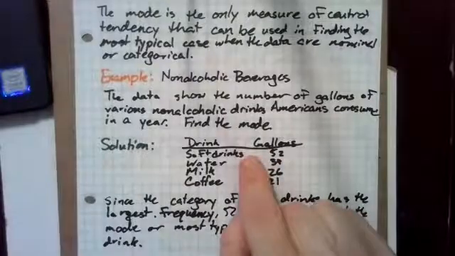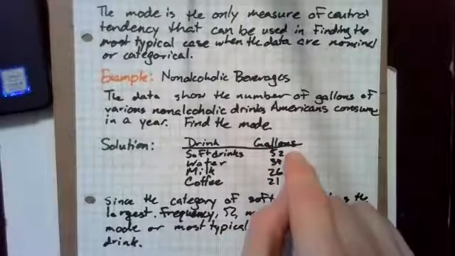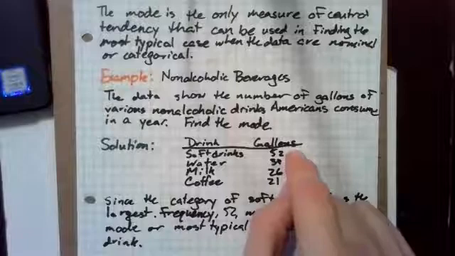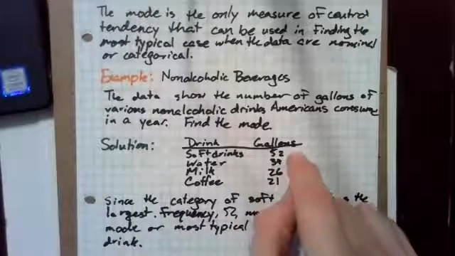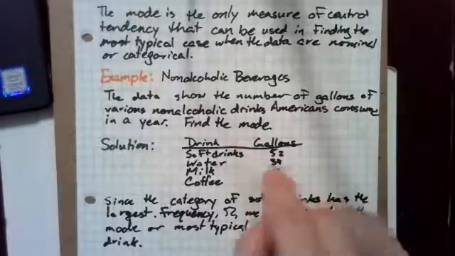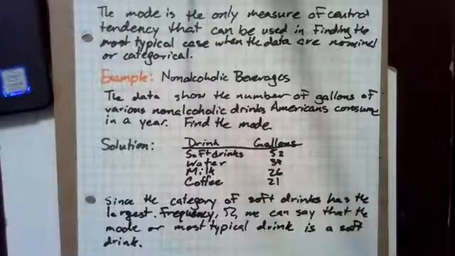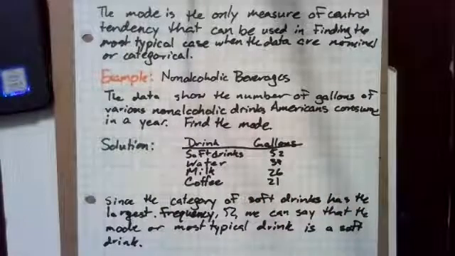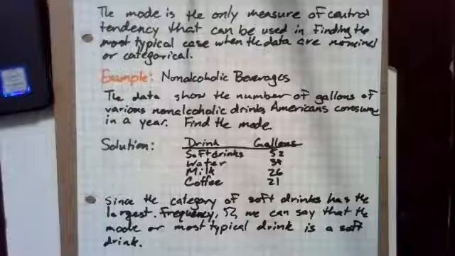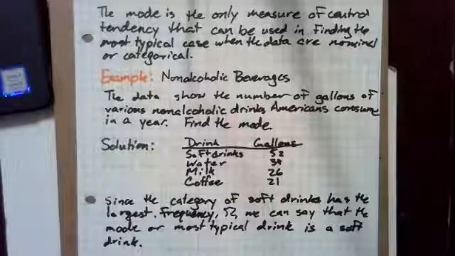Well, here we see that Americans consume on average 52 gallons of soft drinks a year, 34 gallons of water, 26 gallons of milk, and 21 gallons of coffee. Since the category of soft drinks has the largest frequency, 52, we can say that the mode, or most typical drink, is a soft drink.